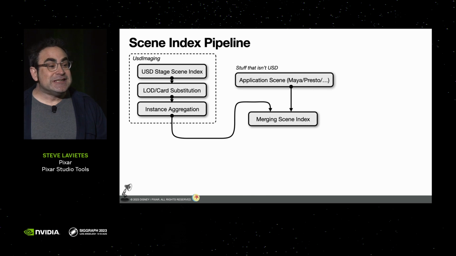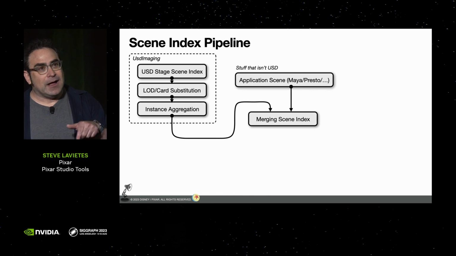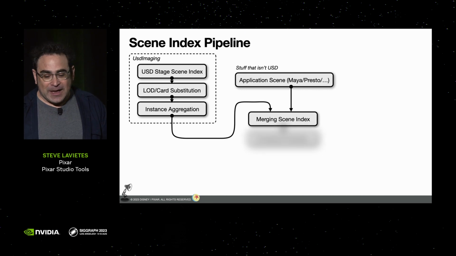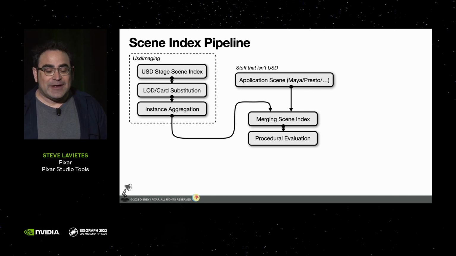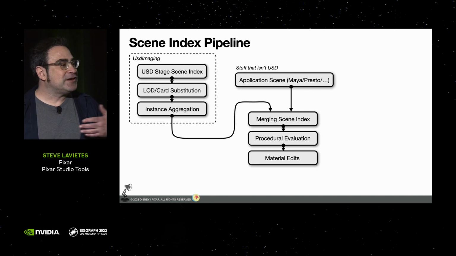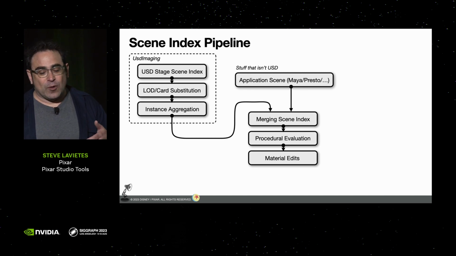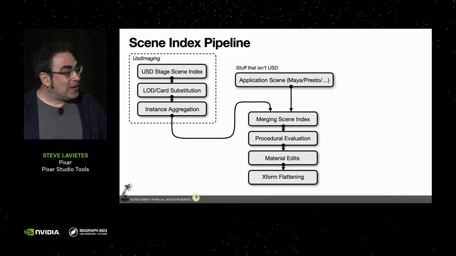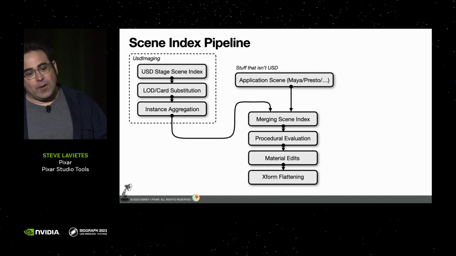We can use a merging scene index, which is a special filtering scene index which combines multiple inputs. And then maybe we want to do some procedural evaluation downstream of that, some material edits in ways that are more efficient to do downstream. Maybe we want to do xform flattening. I already mentioned that in Hydra 1, the scene was already flattened down to the leaf.